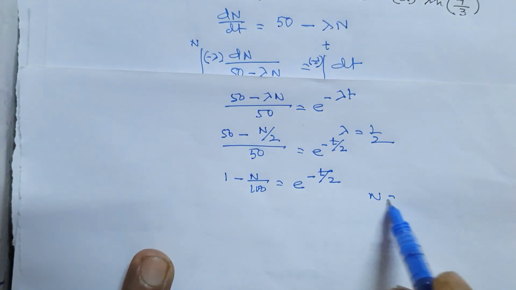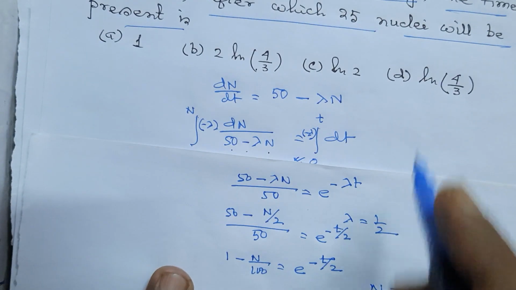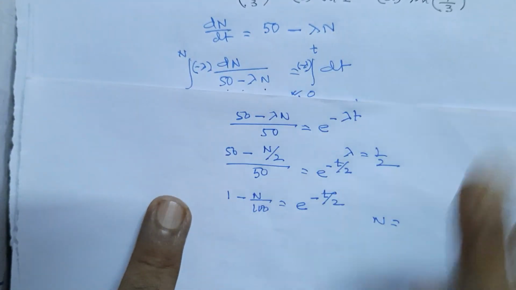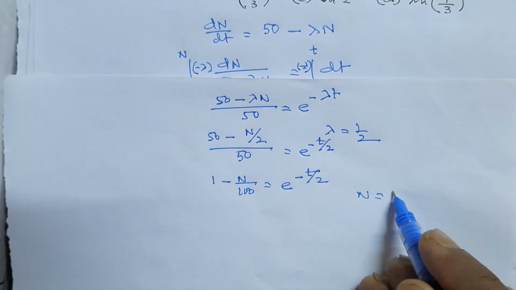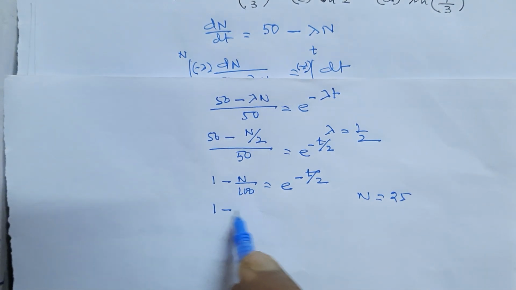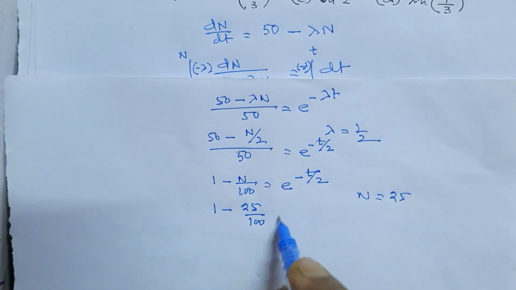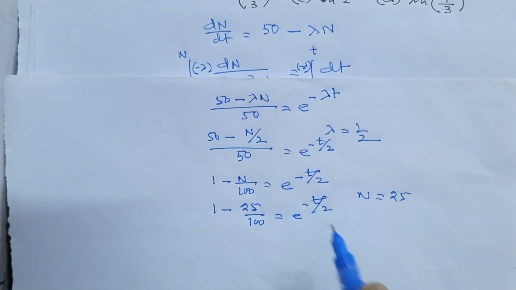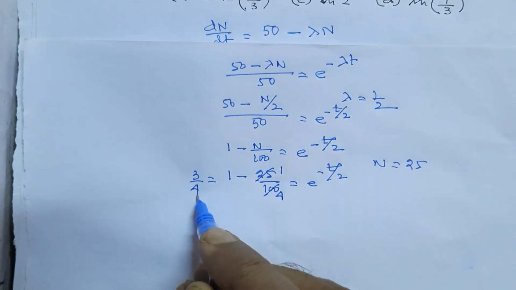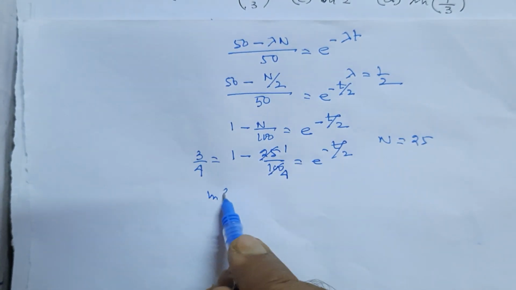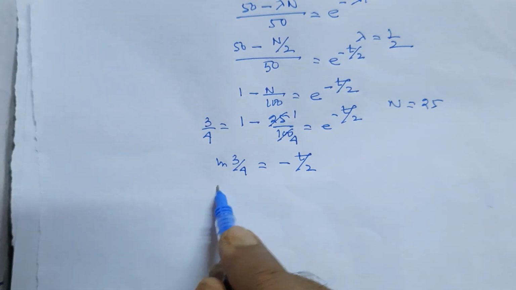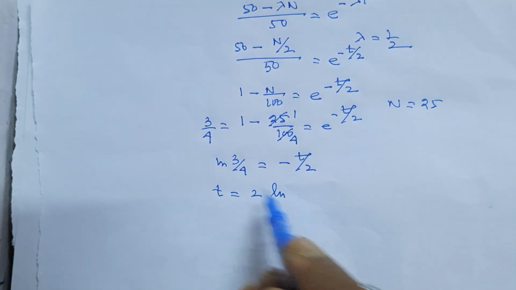Now n equals 25, the number of nuclei present. So put n equals 25 there, it gives 1 minus 25 by 100 equals e to the power minus t by 2. That is 1 minus 1/4, which is 3 by 4. Taking ln, ln 3 by 4 equals minus t by 2. So t equals 2 ln 4 by 3.